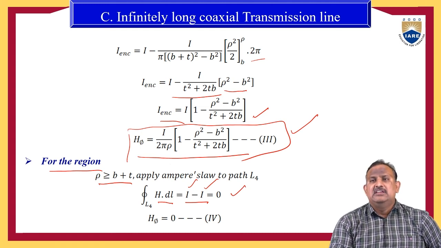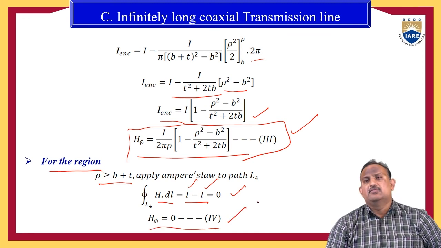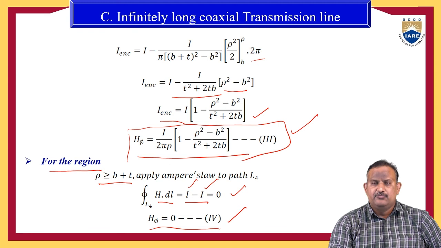Outside the conductor means the enclosed current is 0. When the current is 0, automatically the magnetic field intensity H is equal to 0, which is the expression for the fourth loop.